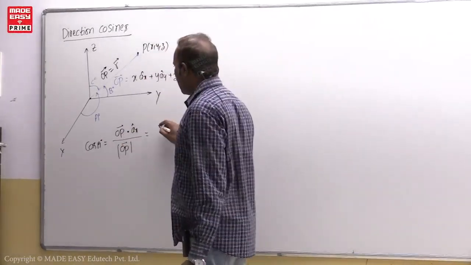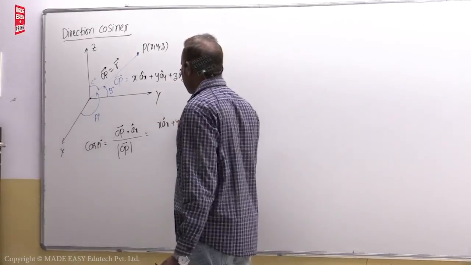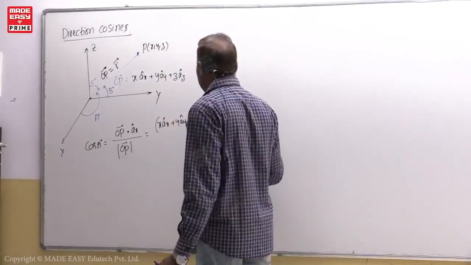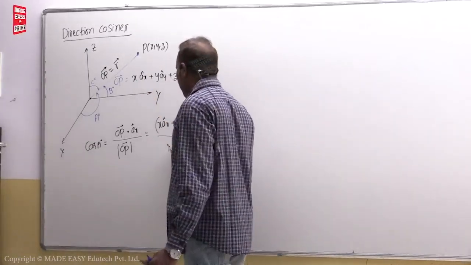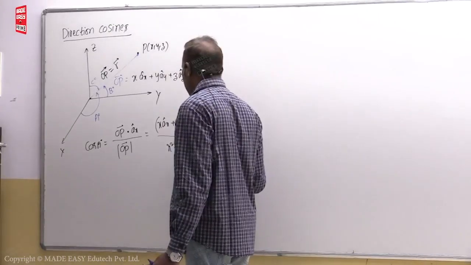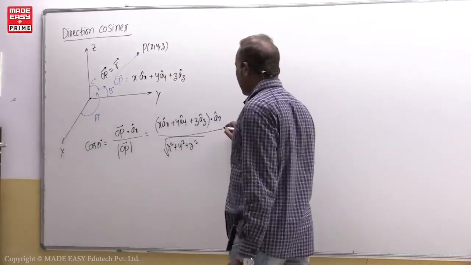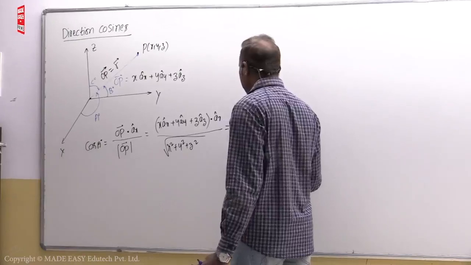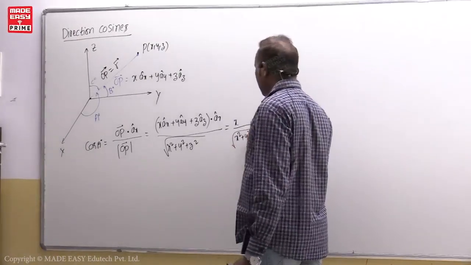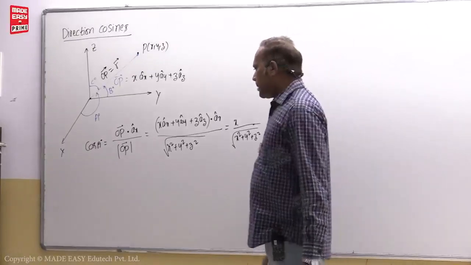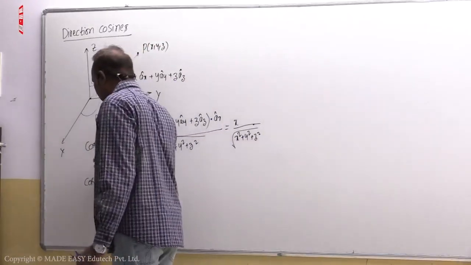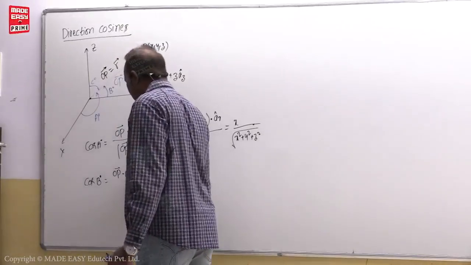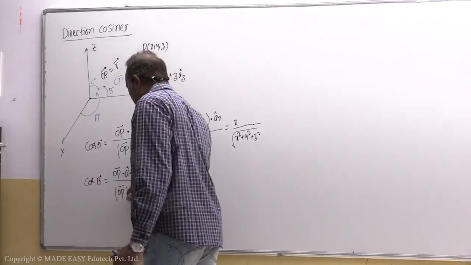So here OP bar is x ax + y ay + z az, dot ax cap, divided by the modulus of OP, which means the square root of x square plus y square plus z square. You get x here. So ultimately cos A is equal to x divided by the square root of x square plus y square plus z square. Similarly, cos B is equal to OP bar dot ay cap divided by modulus of OP bar.